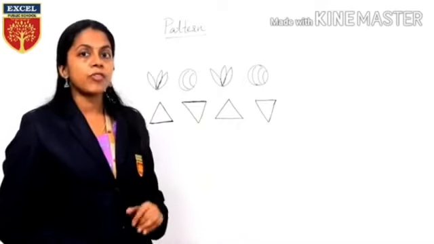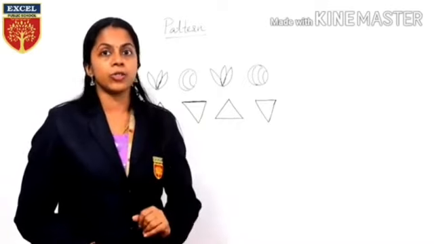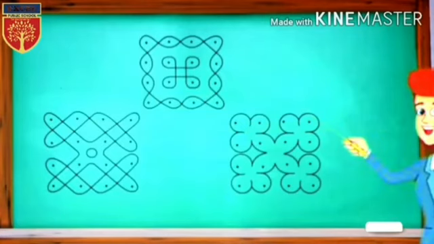By using this type of pattern, we can draw some designs also. Let's see this picture. Have you ever seen these type of pictures anywhere? Oh yes, I know you have seen this before, right? Where? In Tamil Nadu. We call it Rangoli pattern or kolam. In Tamil Nadu, people make kolam every morning by using rice powder or colors. So children, what is Rangoli pattern?